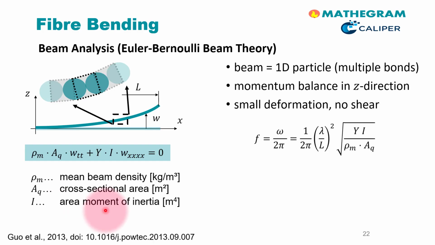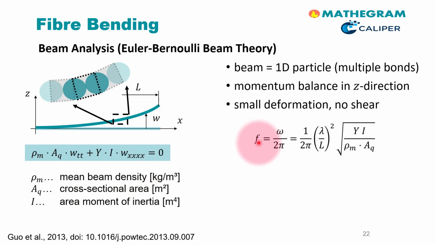You might fear this partial differential equation, and it looks quite complex to solve. Fortunately, deformation and vibration behavior described by it have been analyzed by generations of engineers, and the publication of Guo et al. summarizes the corresponding results in an excellent way. And indeed, the solution for the eigenfrequency f is relatively simple.